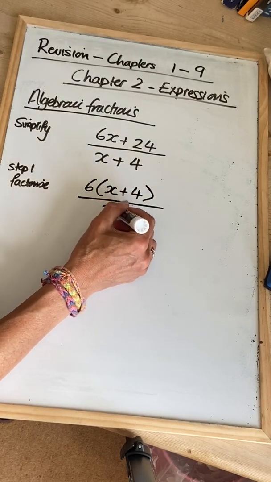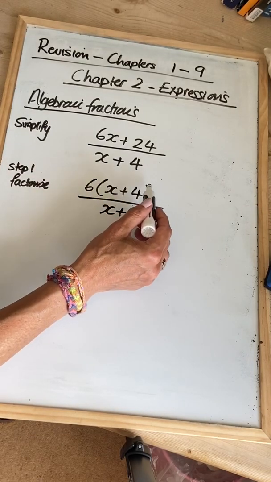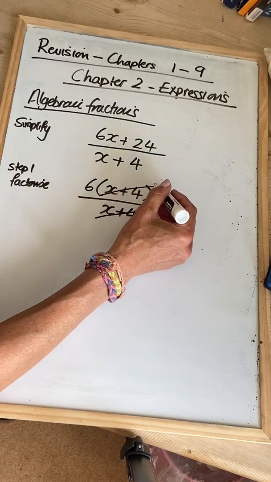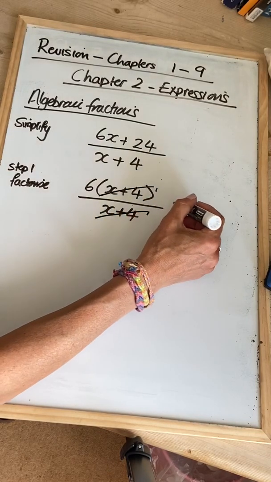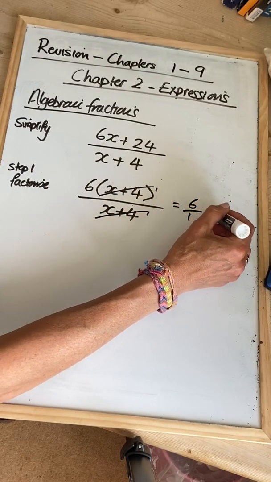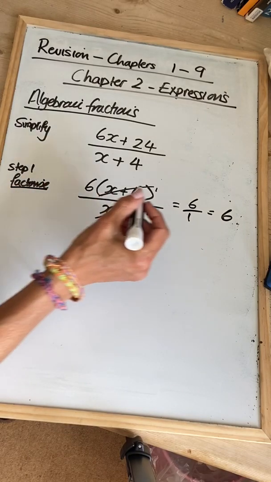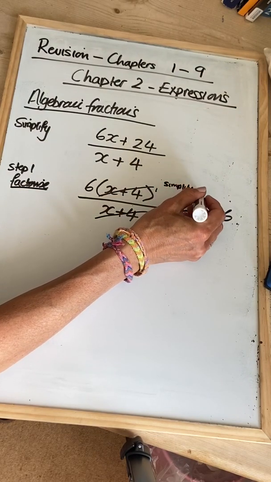And on the bottom, I've got x plus 4. Given that I've got an x plus 4 on the top and an x plus 4 on the bottom, I can cancel them out, dividing the top and bottom. They both cancel out to 1, so I end up with 6 over 1, which is just 6. So factorise, and then this step here is to simplify.